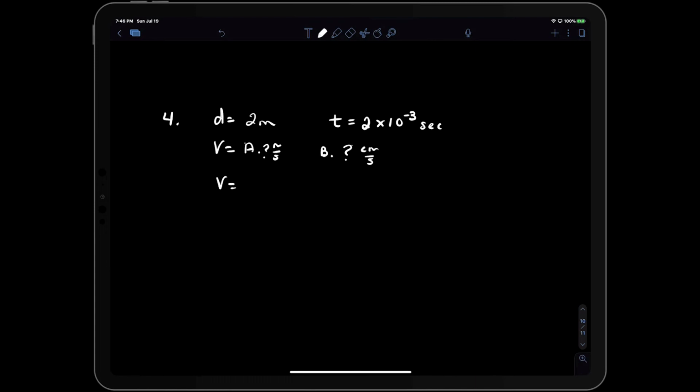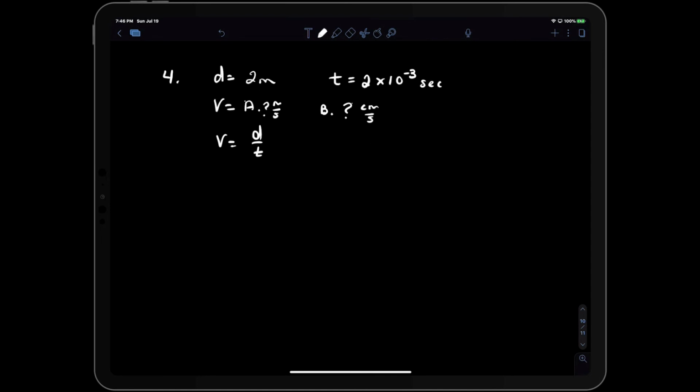So our formula, distance over time. If anything, just going through and writing down that formula over and over, repetition is how you learn. So if anything, writing this stuff down is going to help you memorize it. All right. So we have velocity. I know it's 2 meters. We have a time of 2 times 10 to the negative third seconds.